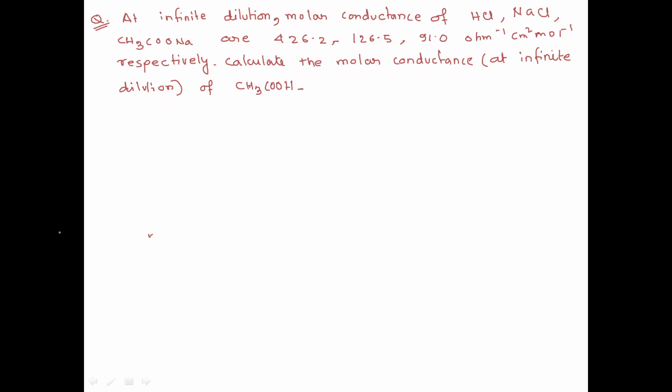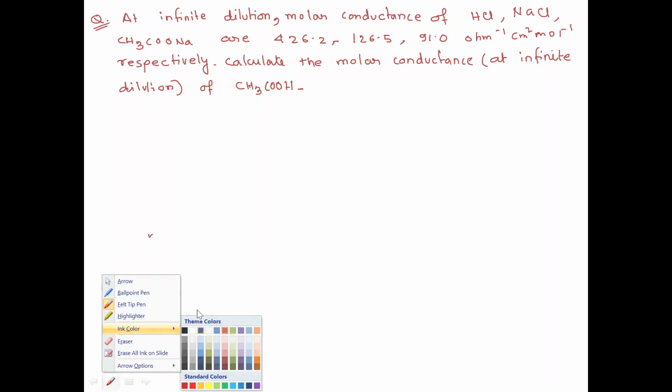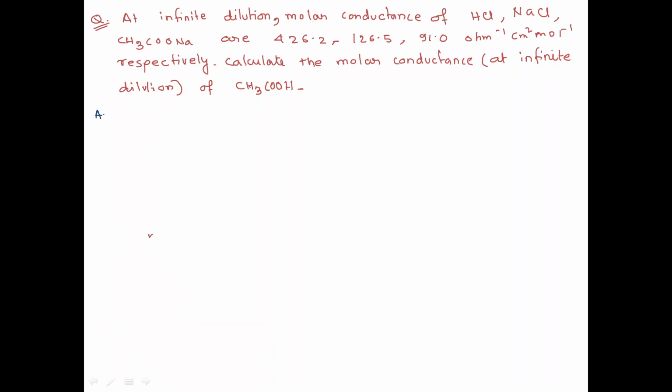Okay, so now follow, I will proceed with this problem. Let me write this. The value of molar conductance at infinite dilution of HCl, NaCl and sodium acetate is given, and you have to calculate the value of molar conductance at infinite dilution of acetic acid.